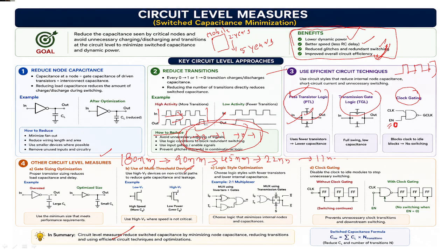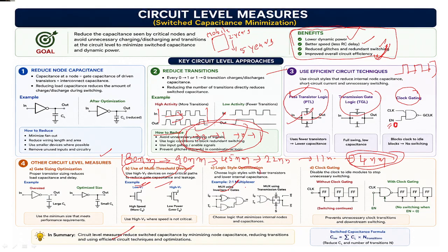Now in 2026, they are using 4 nanometer technology to design chips in real time. Of course we can optimize the size of the transistor. Different approaches, such as logic style optimization and multiple threshold voltage technologies, are used to reduce the power consumption.